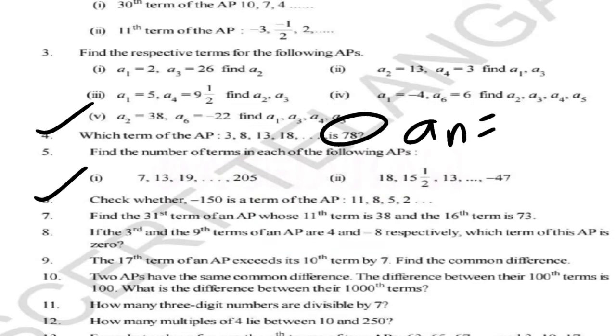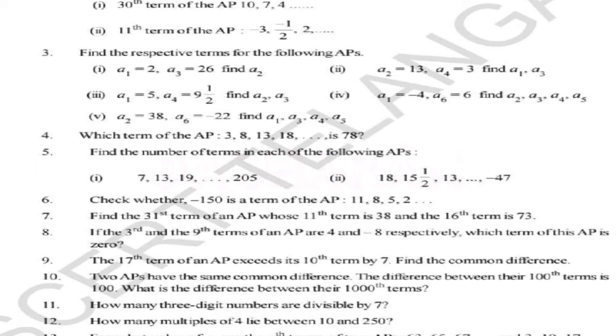So in this question also, equate an equals minus 150 and find out the n value. If the n value is a positive integer, then definitely minus 150 will be one of the terms. Otherwise, if you are getting a fraction or a decimal, then minus 150 will not be a term of the given AP.